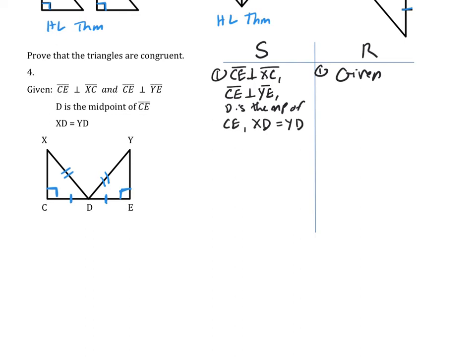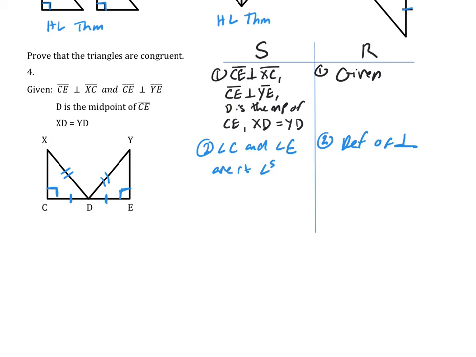First thing I'm going to work with are the right angles. I'm going to say here that angle C and angle E are right angles. And I know that because of the definition of perpendicular. That's what perpendicular tells us.